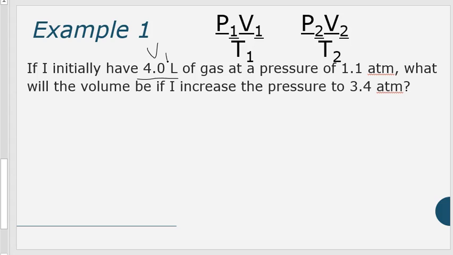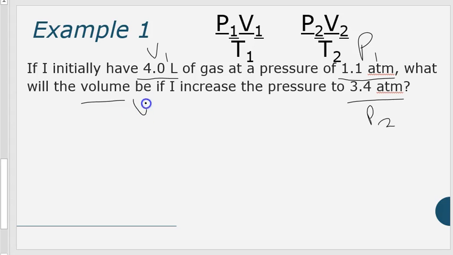They also tell us pressure, the first pressure, so I'm going to put P1. What will the volume be? That's what we're looking for. If I increase the pressure to 3.4 atmospheres, they give us a second pressure, so I'm going to put P2. They give us V1, P1, and P2.